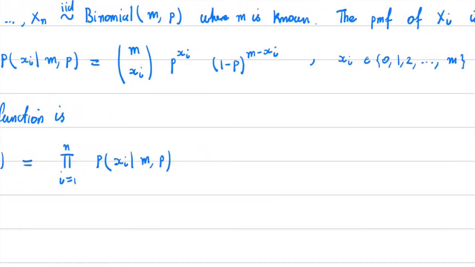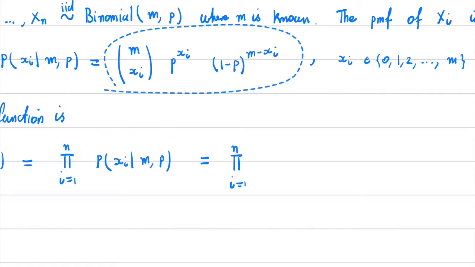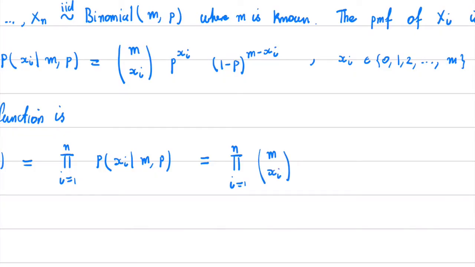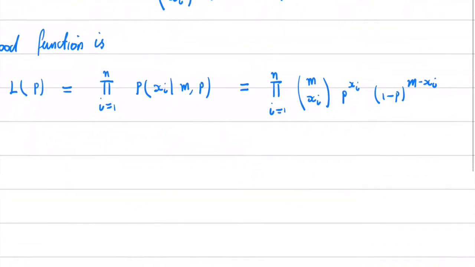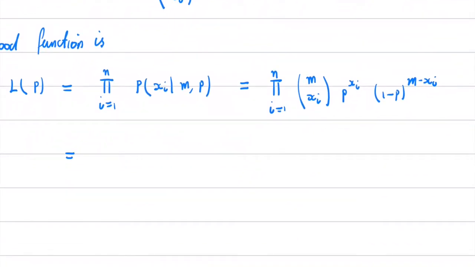So, doing a bit more simplification, first replacing this with the expression above, here we get m choose xi, p to the xi, 1 minus p to the m minus xi. Going to do a further simplification here.